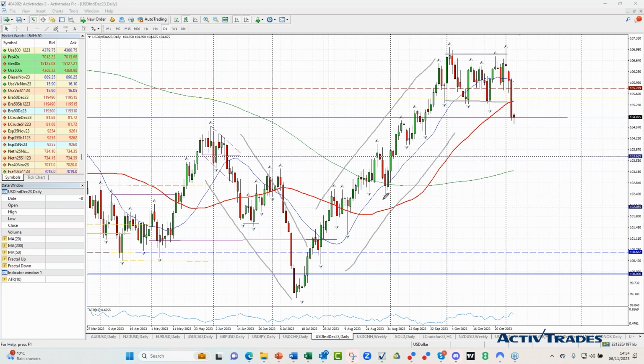We only really want to get involved in good trends as a new trader. When we're seeing markets going sideways like that, invariably what you want to be doing is just letting it be and then waiting for it to make its next move, and it looks like we might have started to do that on the dollar here.